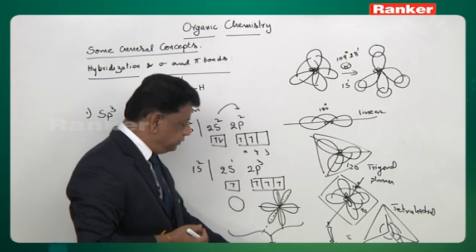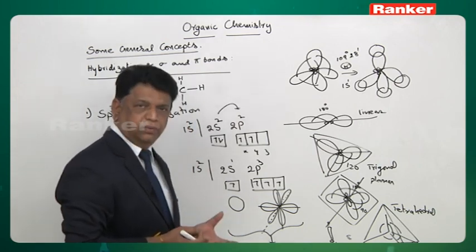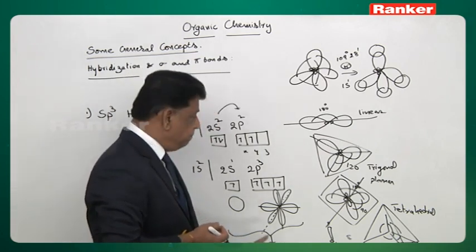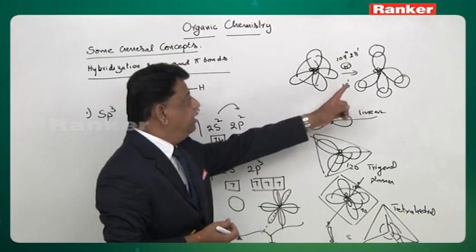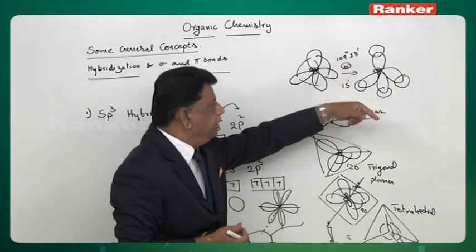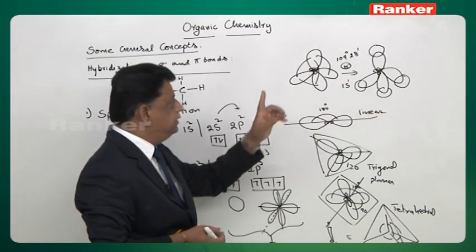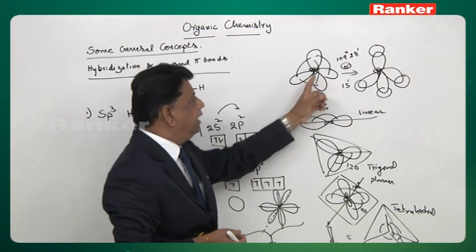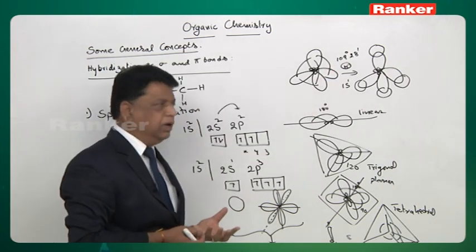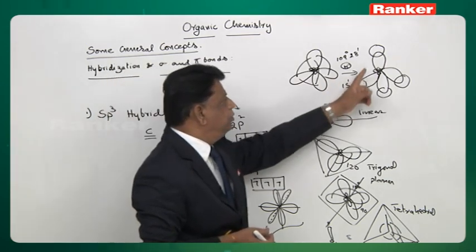If you close this one, it is spherical, but with the two lobes it has the dumbbell quality. So, you can say it is a spherically dumbbell orbital. Four are formed. That four will be like this: one will be up, three will be down, and the symmetry is described as tetrahedral. These four hybrid orbitals, if they are allowed to overlap with the hydrogen 1s electron, four sides, four bonds are formed between the carbon and the hydrogens.